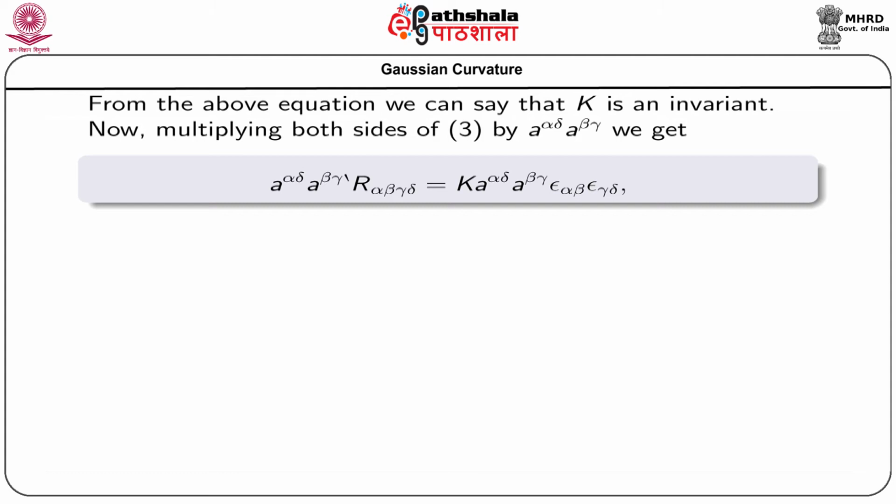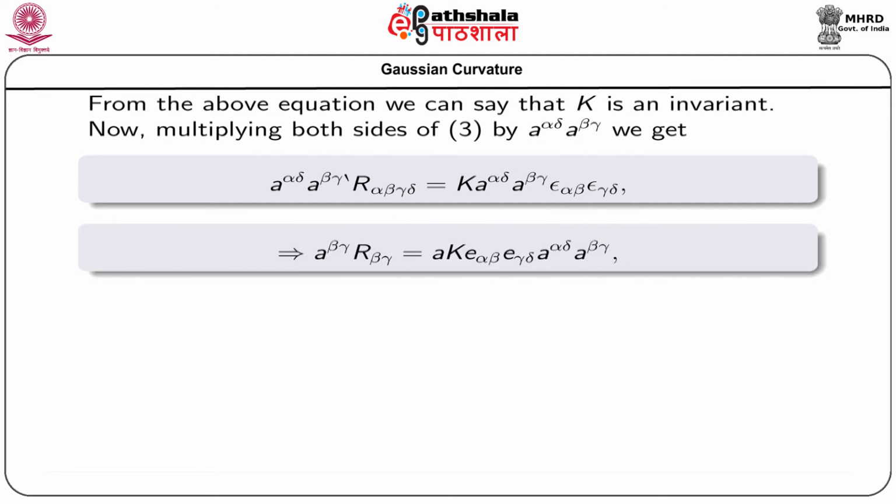Now, the left hand side is coming to a beta gamma R beta gamma, and on the right hand side, by applying the definition of epsilon alpha beta, we get K a e alpha beta e gamma delta a alpha delta a beta gamma.